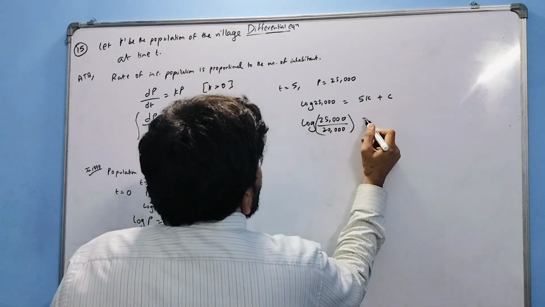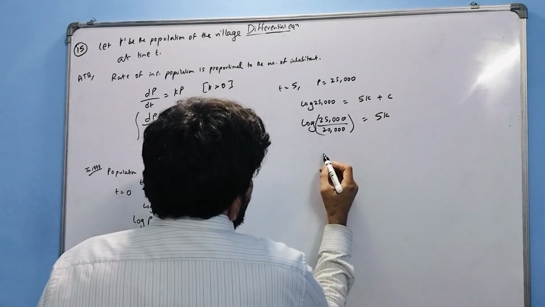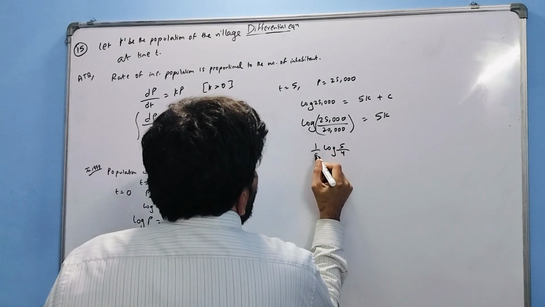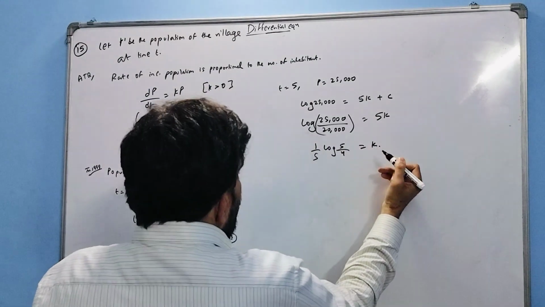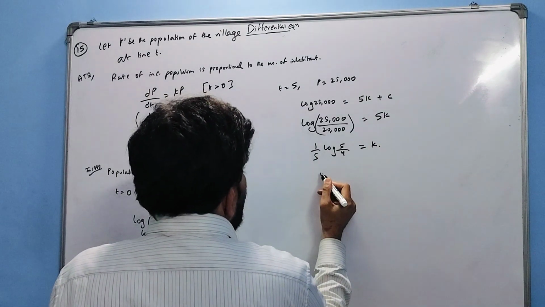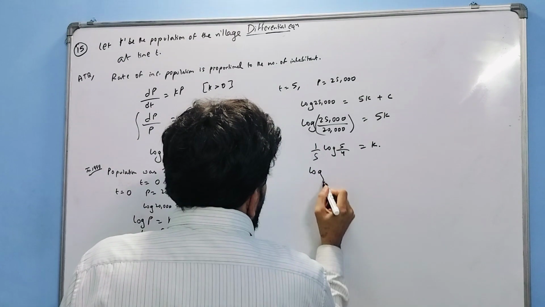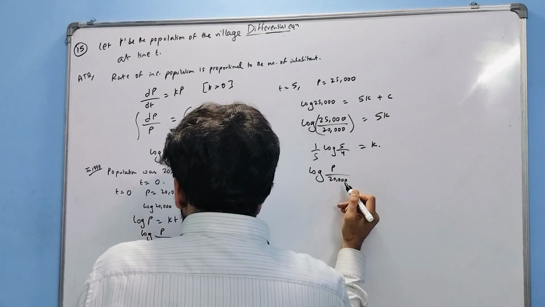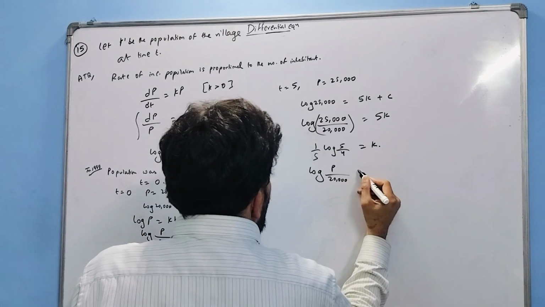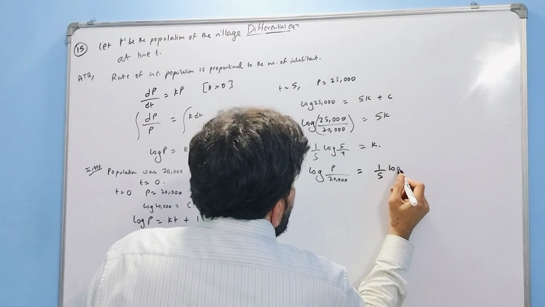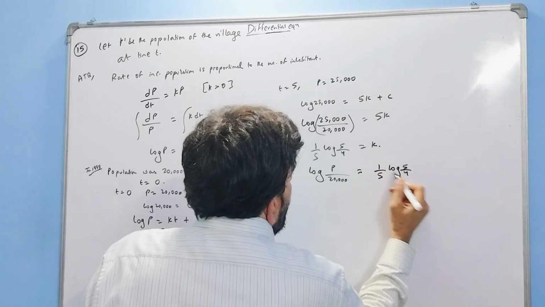We have 1 upon 5 log of 5 upon 4 is equal to k. Now putting this value of k in this, I got log of P upon 20,000 is equal to 1 upon 5 log of 5 upon 4 into t. Okay, so we have this.